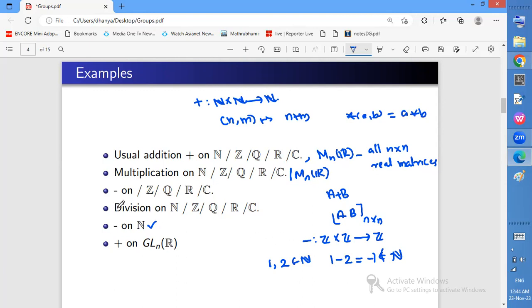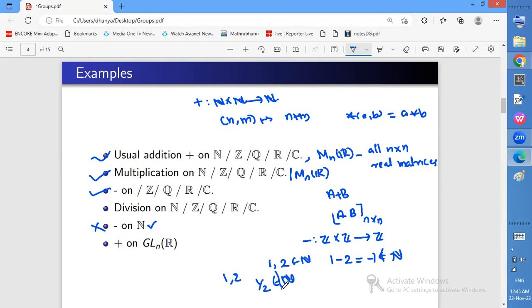Now we may consider the operation division on different sets. First, I am considering the set of natural numbers. So clearly, this cannot be a binary operation. Why is it not a binary operation? If I am taking 1 and 2, they are elements of N, but their quotient 1 by 2 is not a natural number.